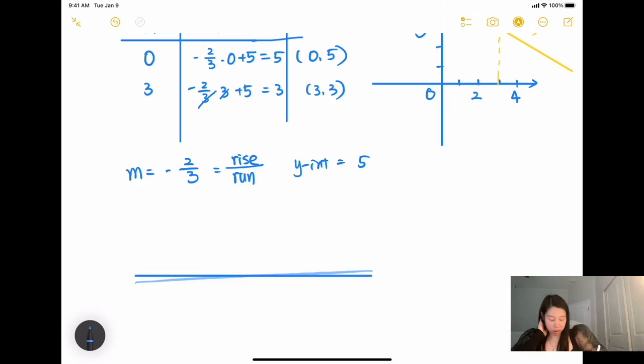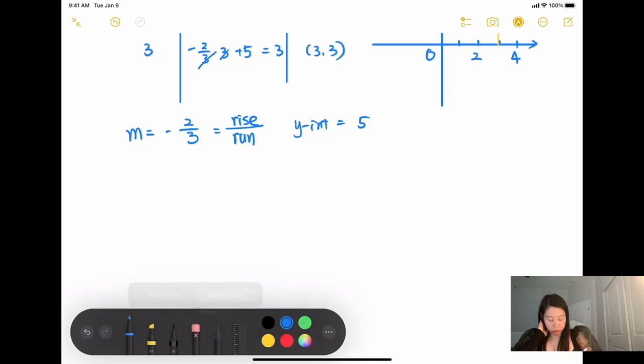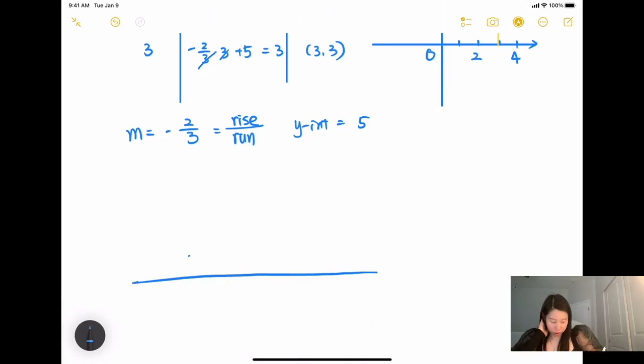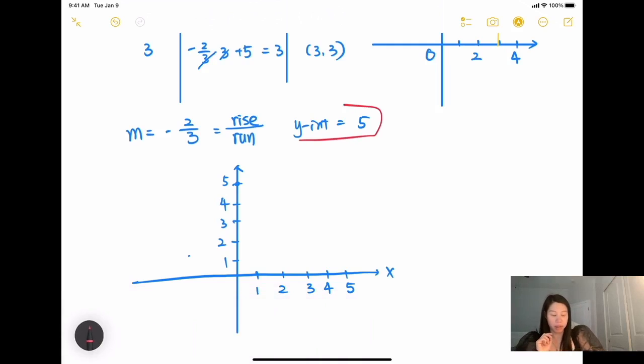So now let's do another coordinate plane. First we know that the y-intercept is 5, right?